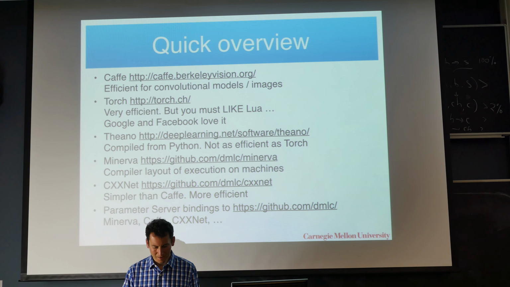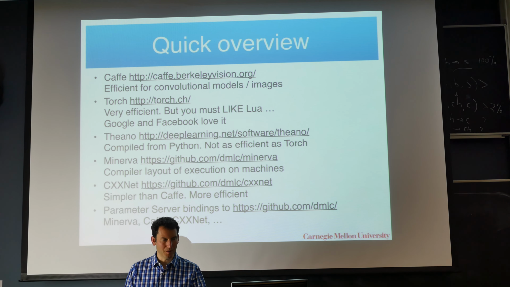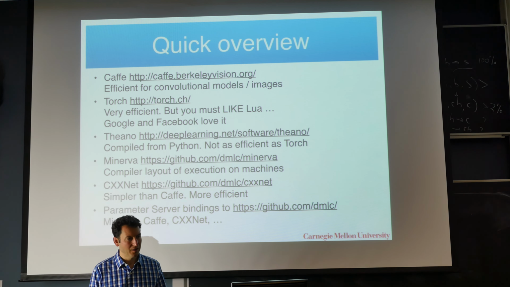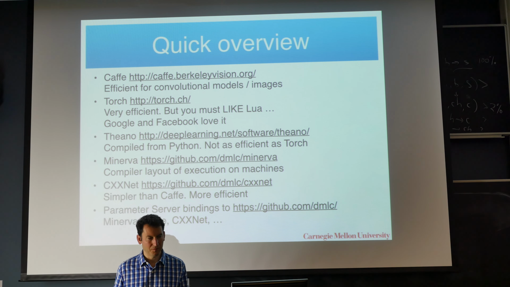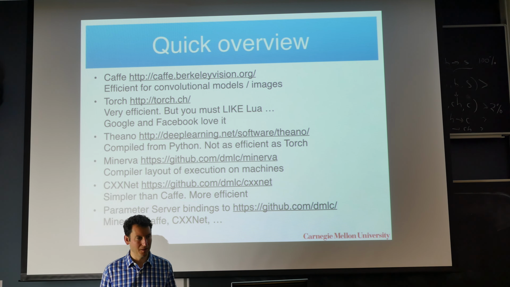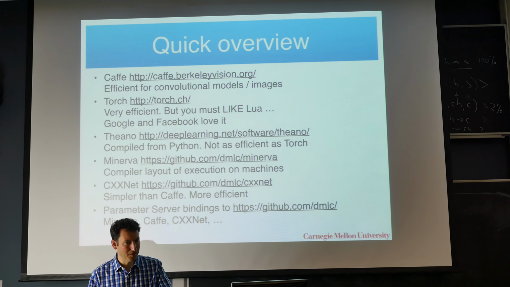Something that's really cool is actually Minerva. So what you do is, similar to Torch, you actually go and specify your model, and then you have an optimizer lay out the computations on a machine, and that means basically multiple GPUs, maybe a CPU.